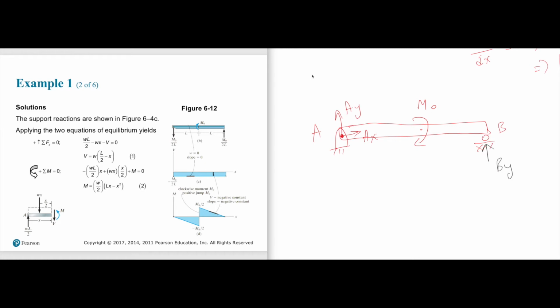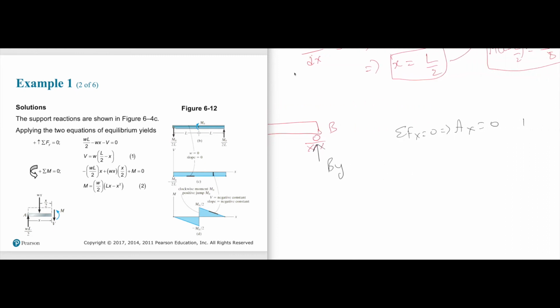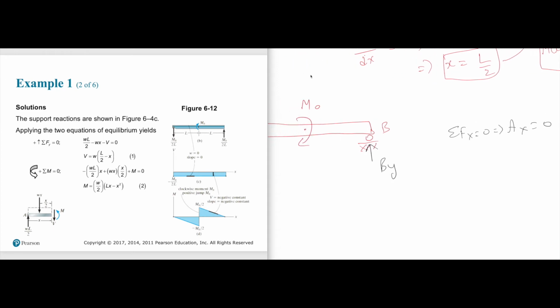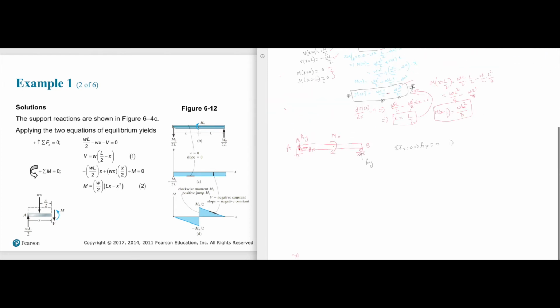So how do you find AX? Sigma of x equal to 0, AX is 0. First of all, you have to find support reactions. Same drill. Number one, sigma of x equal to 0, AX is 0, right? So whenever you have to solve these kind of problems, number one, you have to find the support reactions.